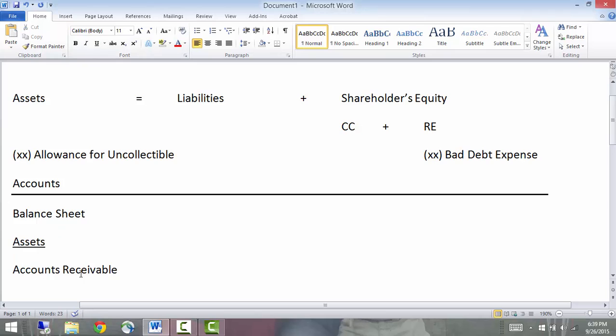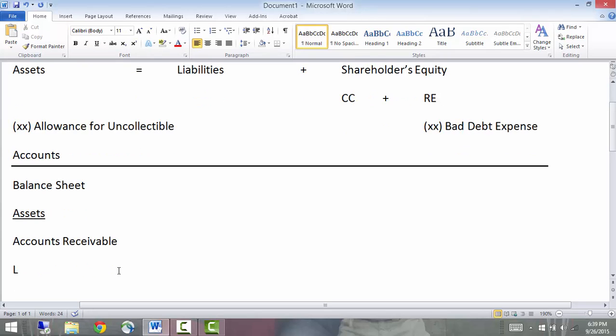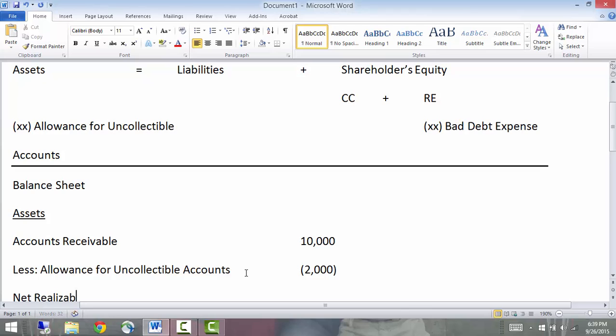And now we're going to have a reduction to accounts receivable for this allowance for uncollectible accounts. 10,000 and 2,000. So this gives us what's called net realizable value, and that is 8,000.